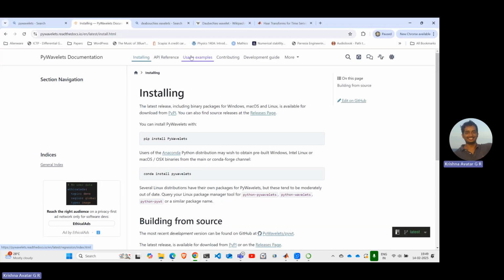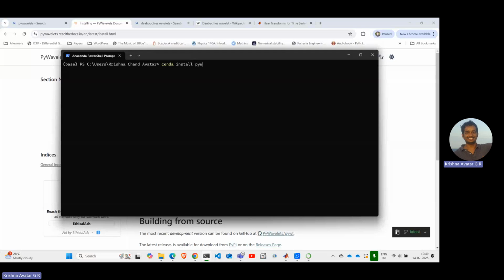So PyWavelets, right? It seems it was not installed before, so it's getting installed.